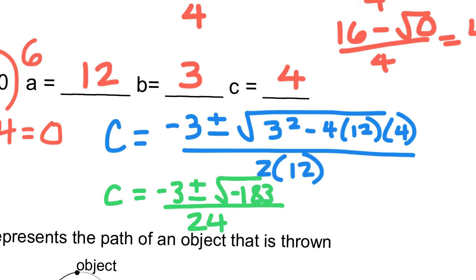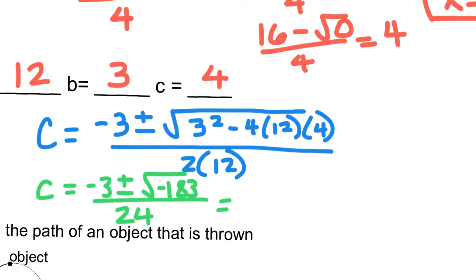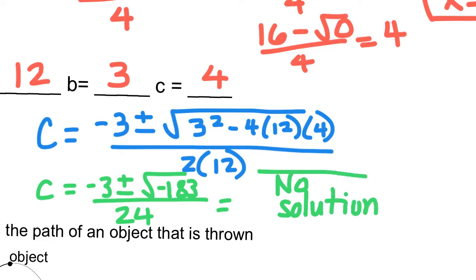Since we have a negative number underneath the radical, that will give us an error. And that leads us to the fact that there is no solution in this case. So please box your answer.